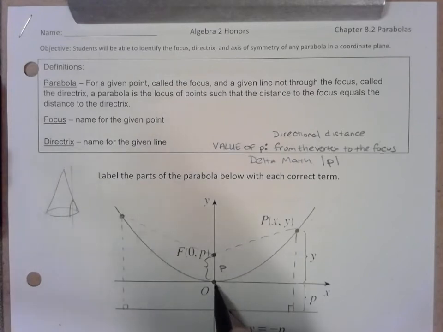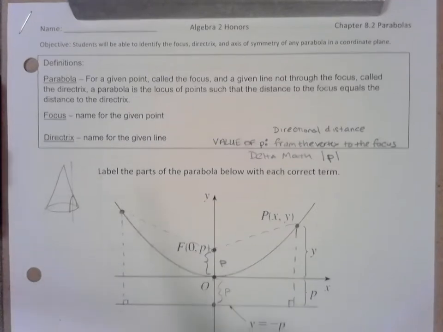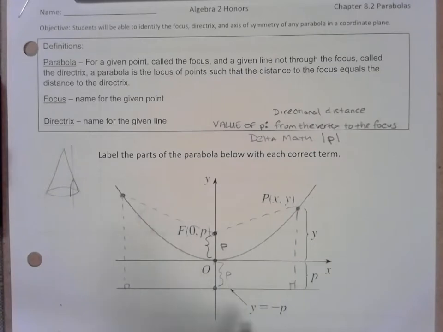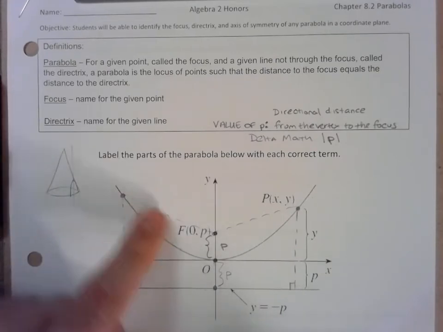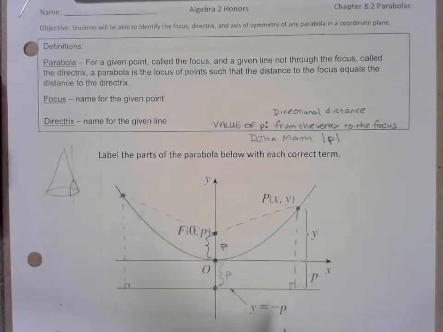It's still a segment of length p, because remember, a point on the parabola has to have the same distance to the focus as to the directrix. It still has a value of p units, but because it's underneath, we're going to go in the opposite direction. So whatever that distance is up, we're going to go below or decrease it.